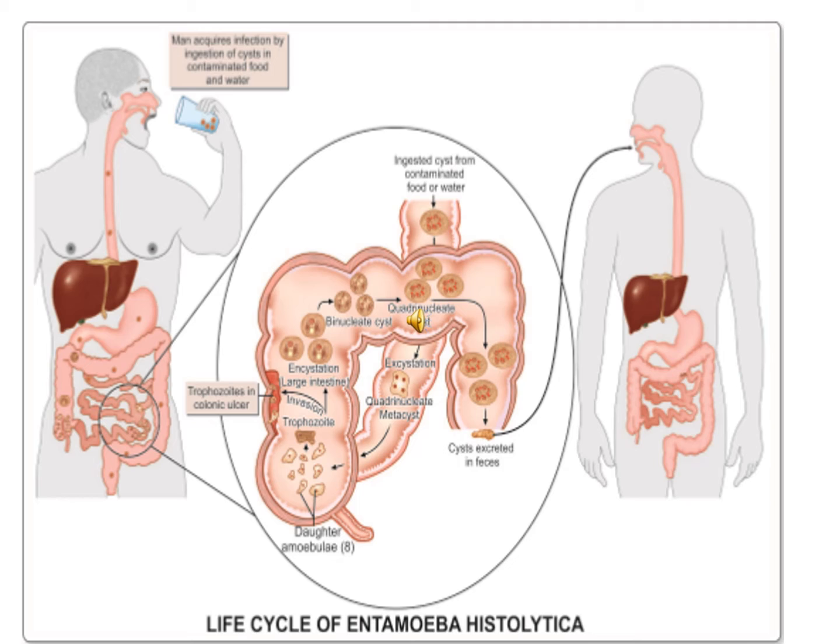The amoeba enters, goes to the alimentary canal, and in the small intestine excystation takes place, that is, the cyst is converted into daughter amoebae. The 4 nucleated metacyst is converted into single nucleated amoebae forms.